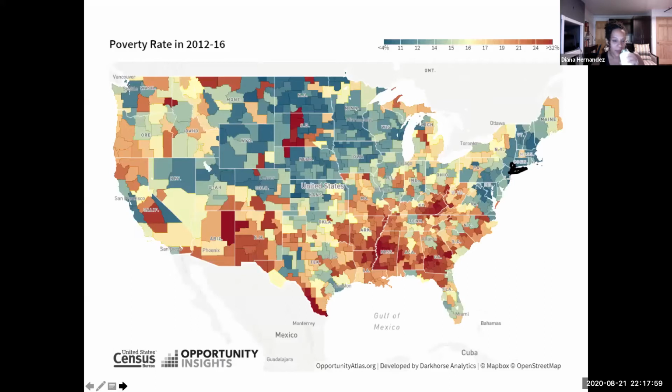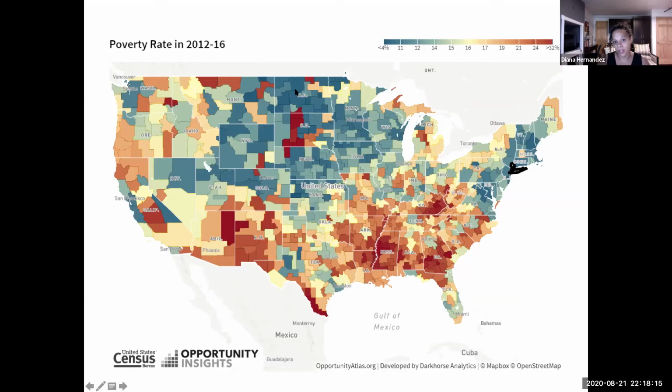So this is a map of the United States, and it shows the poverty rate between 2012 and 2016. Of course, I'm here in New York City, but you see that there's really a wide distribution, right?